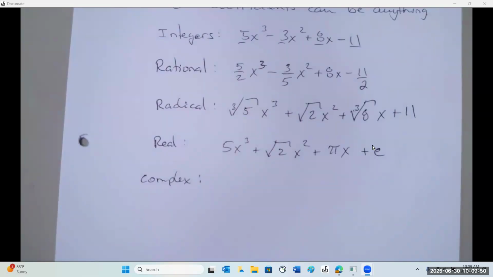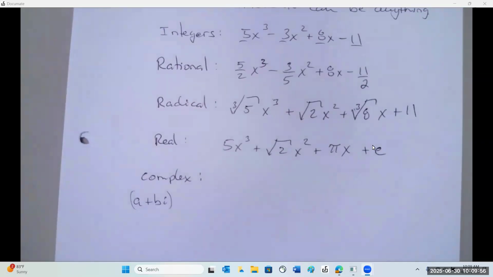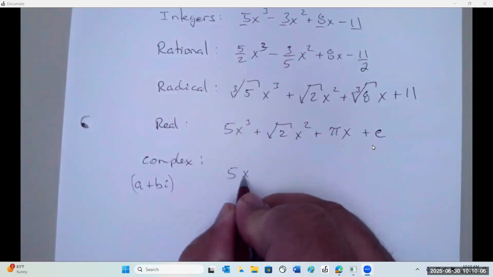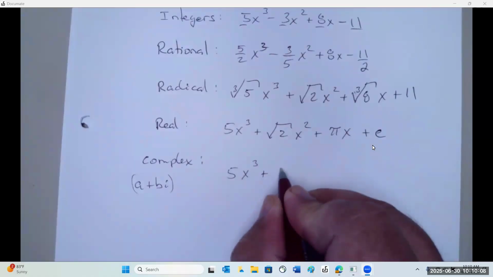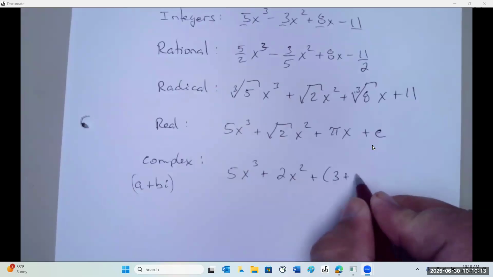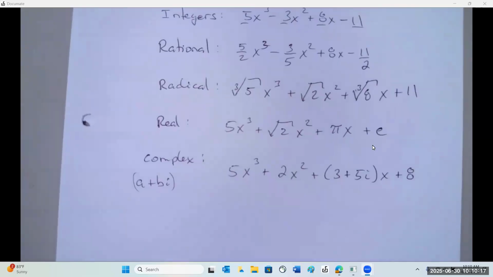A complex number looks like this: a plus bi. Every number is a complex number. It looks like this now. Our coefficients could be anything. We're no longer restricted.